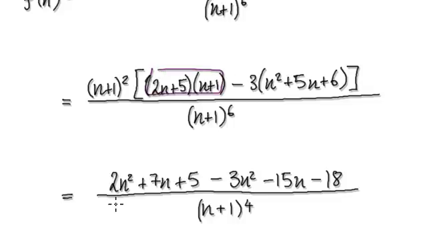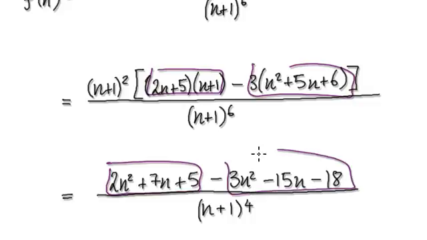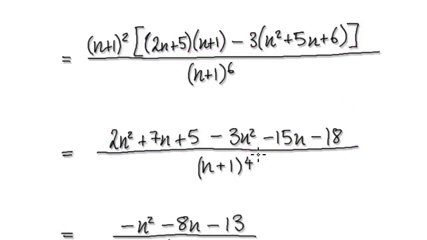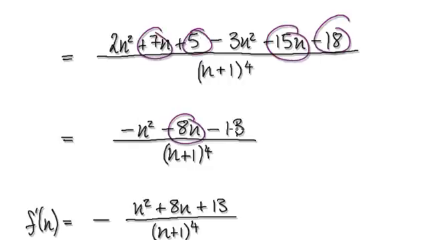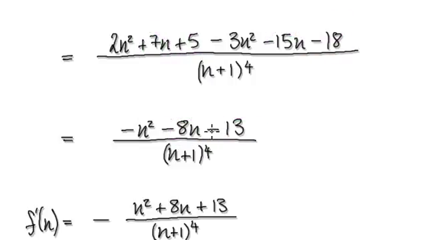Multiply this out, that will give you this. Multiply this out, that will give you this. Now it's just a matter of tidying this up. 2n squared minus 3n squared will be negative 1 n squared. This, take away this, will be this. And then the single number will give you this.